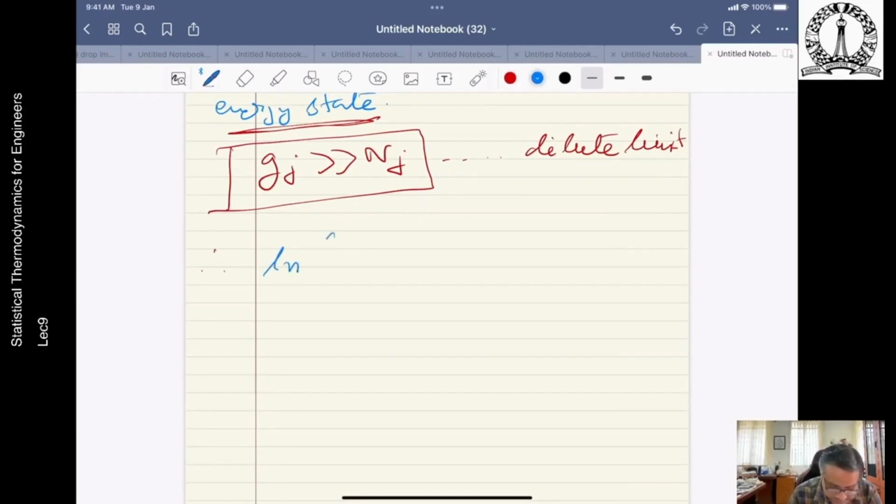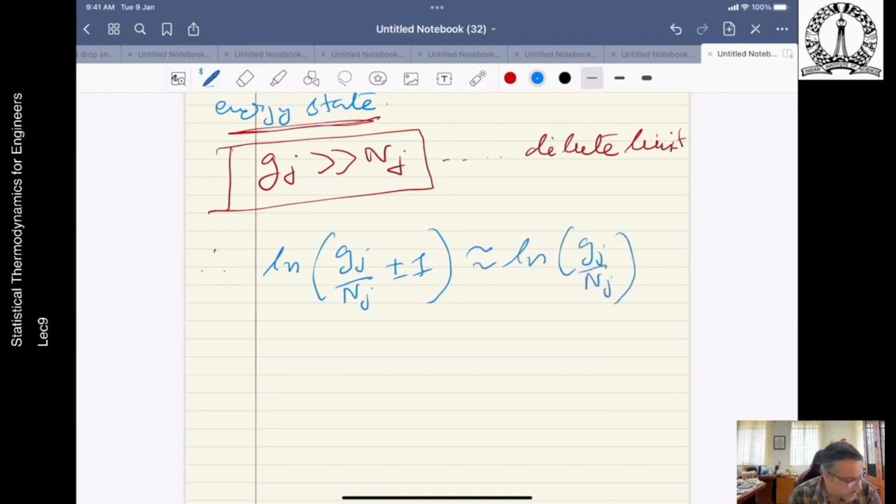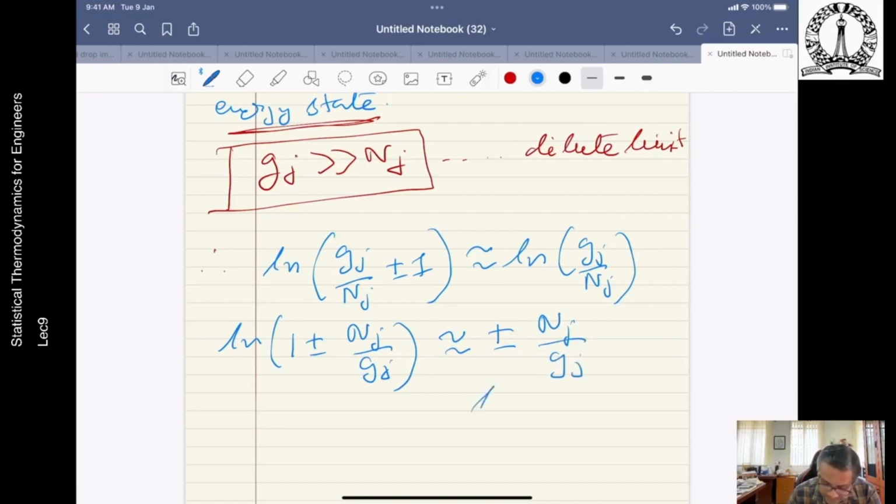Therefore, ln of (Gj plus or minus 1 choose Nj) is basically the same as ln of (Gj choose Nj). And of course ln(1 plus or minus Nj by Gj) is almost equal to plus or minus Nj by Gj. This comes from the fact that ln(1 + x) is almost equal to x.